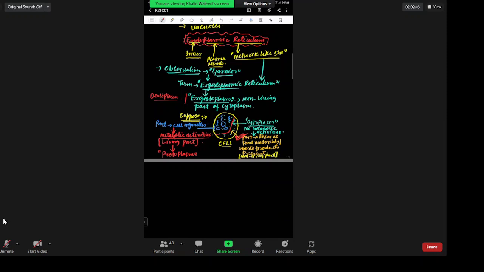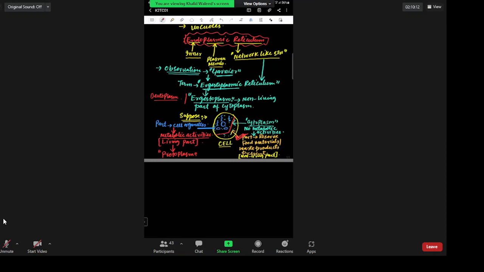Here no cellular activity will take place, only reserve food materials and the waste products generated out of various reactions are seen. Here, first of all, Garnier observed these ER structures and hence called them as ergastoplasmic reticulum. Is that okay?